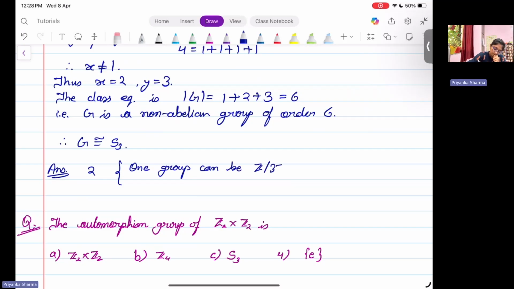One group can be Z mod 3Z and another one can be S3. Actually, that's what I can do.